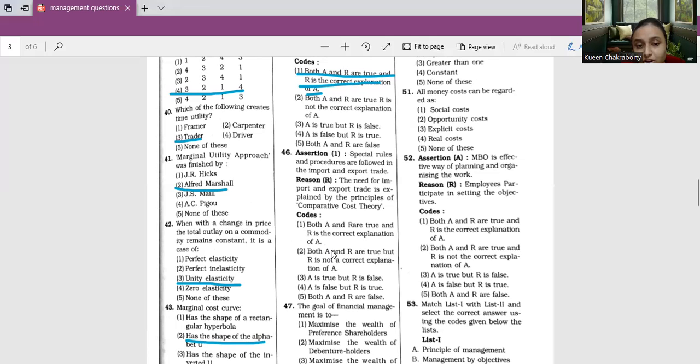Now, this theory of comparative advantage that he laid, also called comparative cost theory, was regarded as a classical theory of international trade. It is still considered a classical theory of international trade.